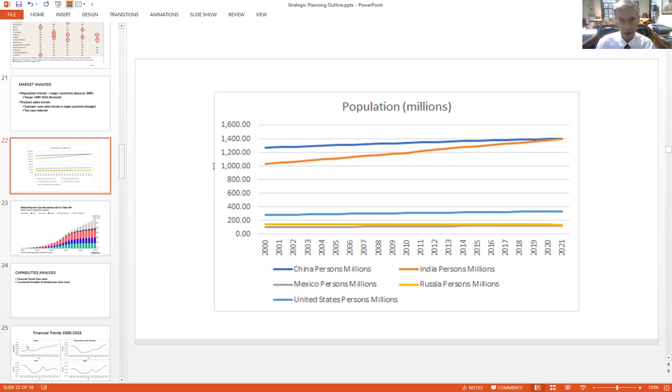The replacement rate is 2.1, and so the population continues to grow in India. But the fertility rate in China, I don't recall the specific number, but it's significantly less than 2. So also is the fertility rate or the birth rate in the United States.